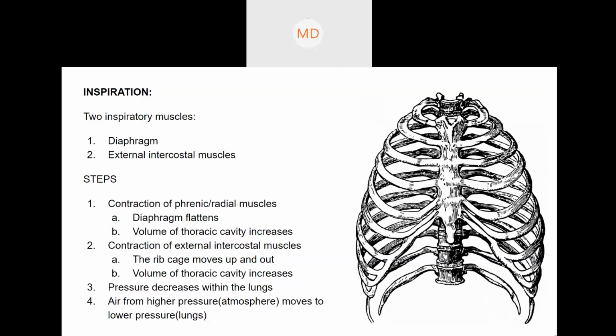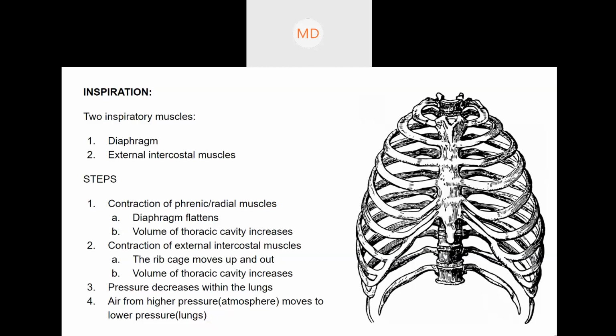Should be equal. But what happens when the thoracic cavity volume increases? The pressure will decrease compared to the outside pressure. So when pressure decreases, what happens? Outside pressure needs to come inside in order to fill that void.